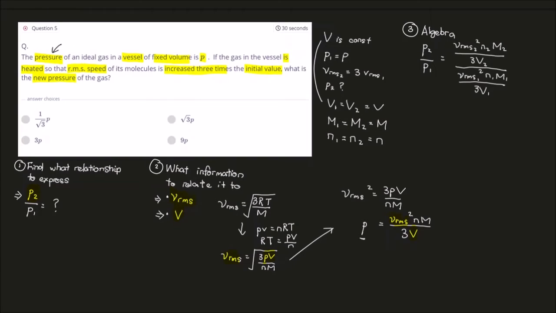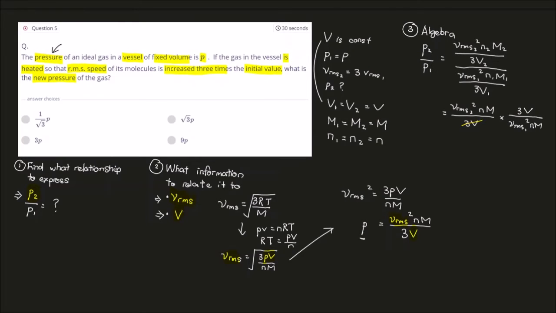So now if you modify the things a bit, it will be VRMS 2 square, then N M over 3V. Then you times 3V over VRMS 1 square and M. So now there's a lot of things that you can cross out.